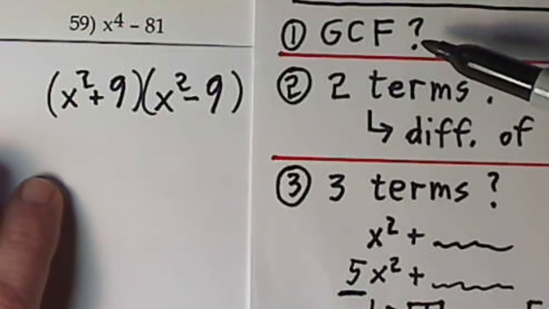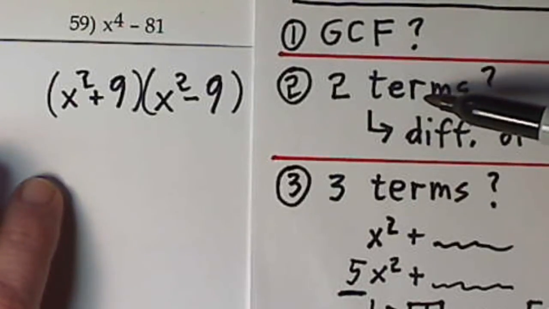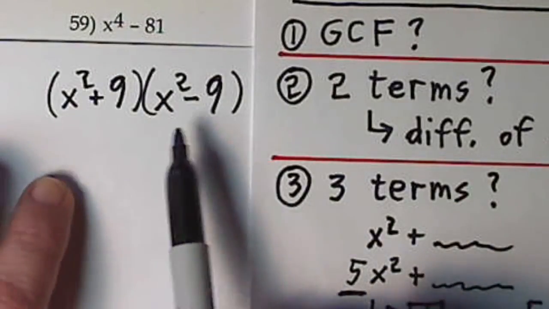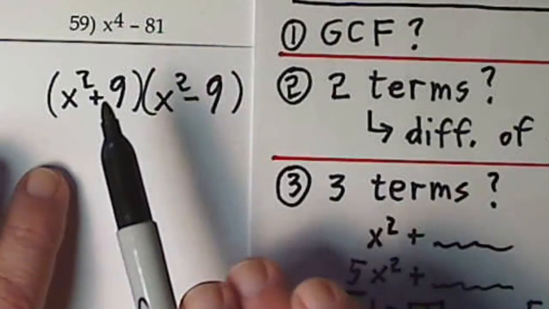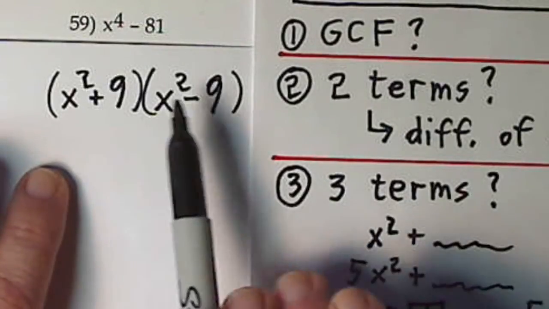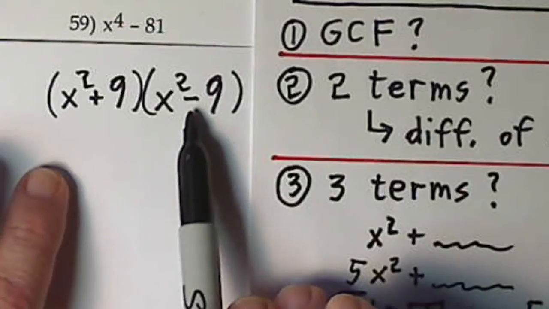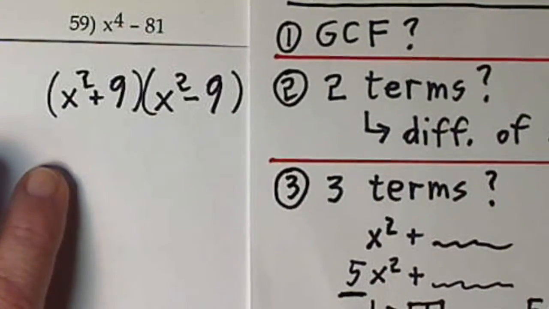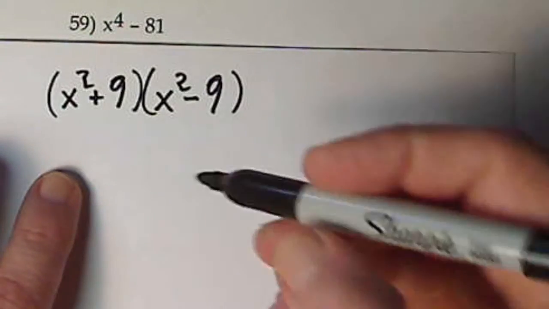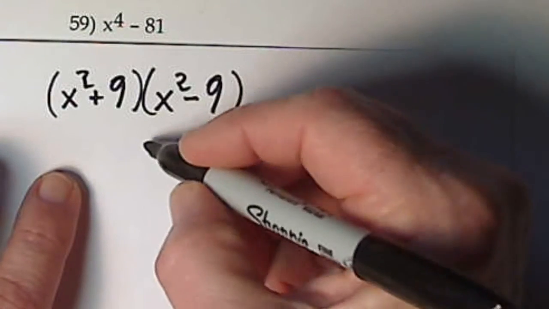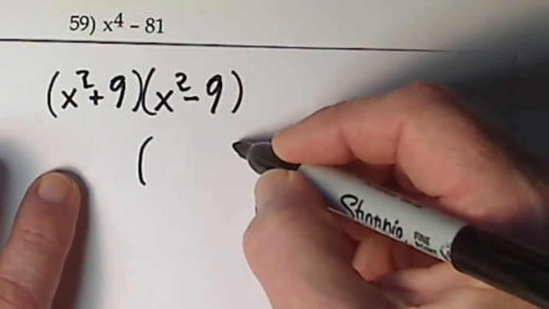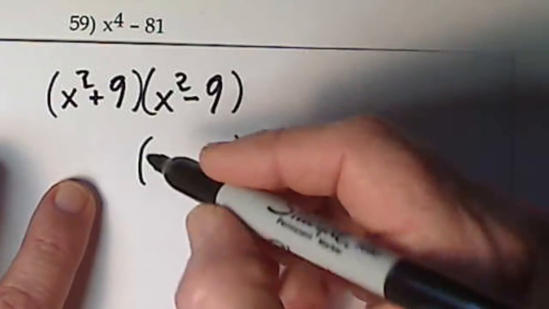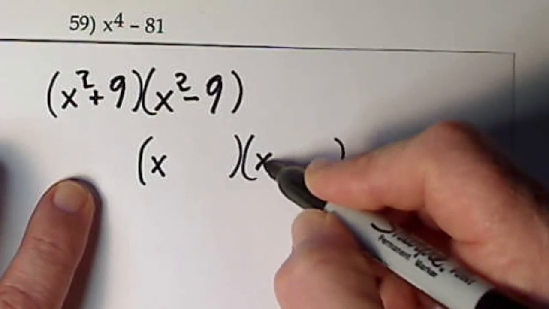You would say, is there a GCF? No. Do I have two terms? Well, yeah, I've got two terms here and I have two terms here. Is either one a difference of squares? That's not a difference, that's a sum. But this is a difference of perfect squares. So I can actually go another step here. The square root of x squared is x.